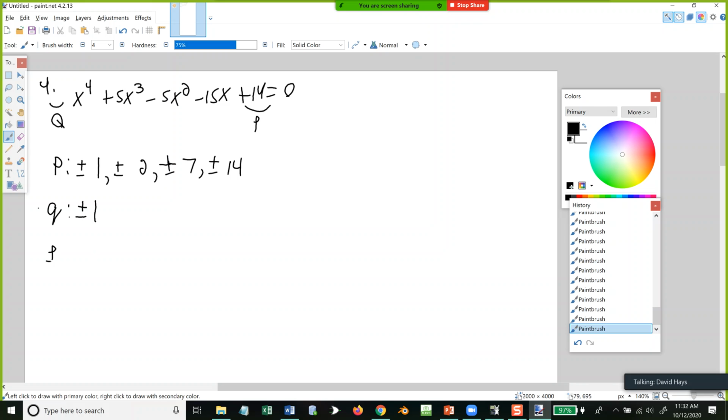Now all of our possible answers are P over Q. We take each value of P here and put it over this Q. So we've got plus or minus 1 over 1, plus or minus 2 over 1, plus or minus 7 over 1, plus or minus 14 over 1, which gives us plus or minus 1, plus or minus 2, plus or minus 7, plus or minus 14.